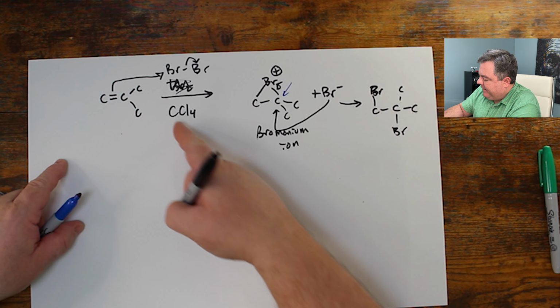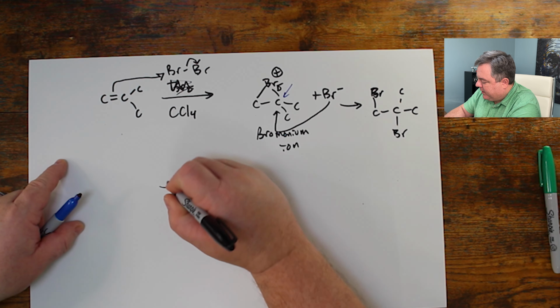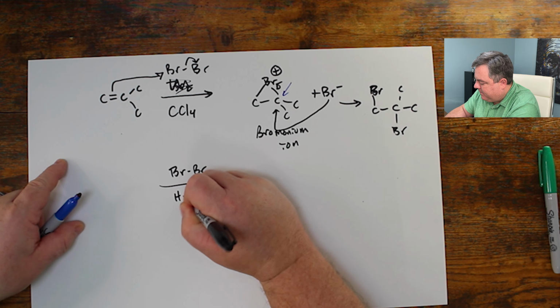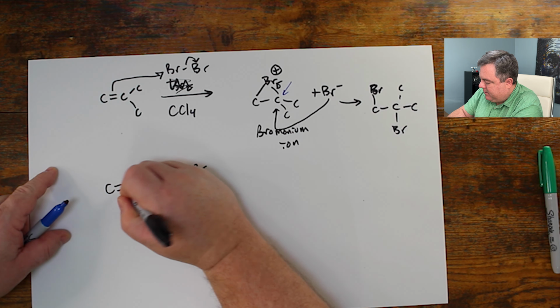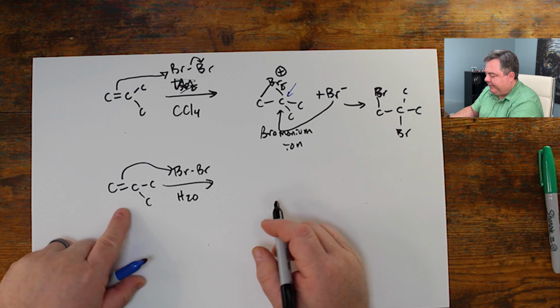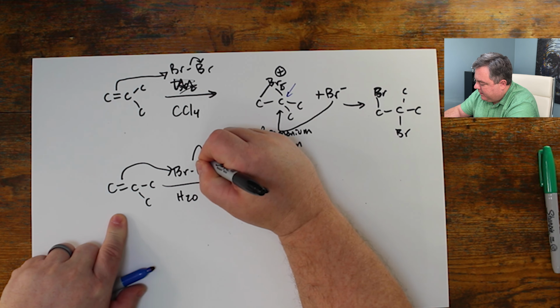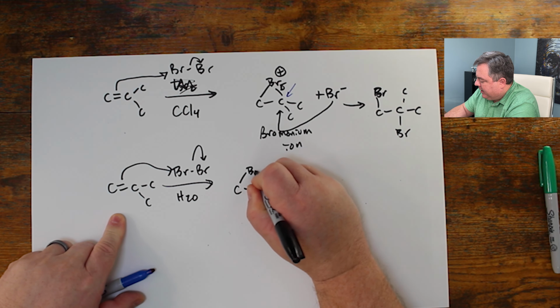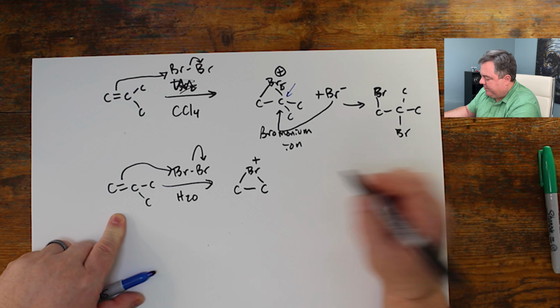But if instead of carbon tetrachloride, I have water in there, the mechanism would be this. The alkene attacks the bromine. This bromine leaves. It's so big it's going to be held up by both of those as a bromonium.